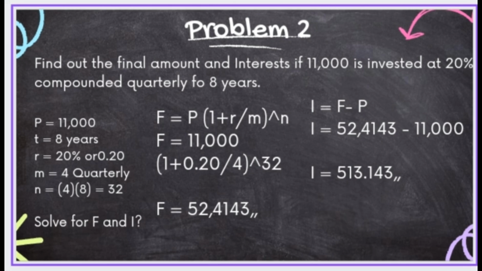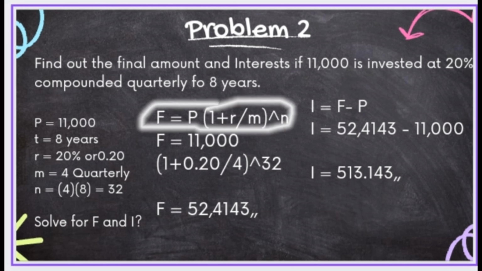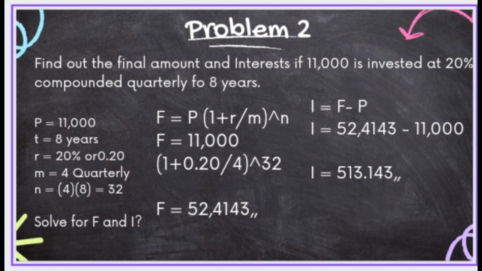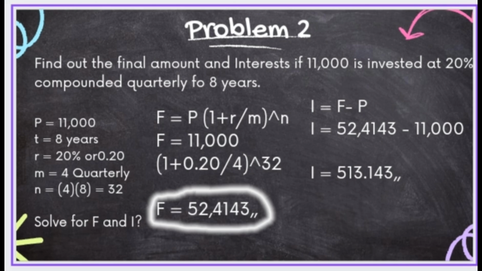For F, the formula is F is equal to P, open parentheses, 1 plus R over M, close parentheses, to the power of N. F is equal to 11,000, which is the P, open parentheses, 1 plus 0.20, which is the R, over 4, which is the M, close parentheses, to the power of 32, which is the N. So, when we solve it in a calculator or even in a notebook, the total is 52,414.3.